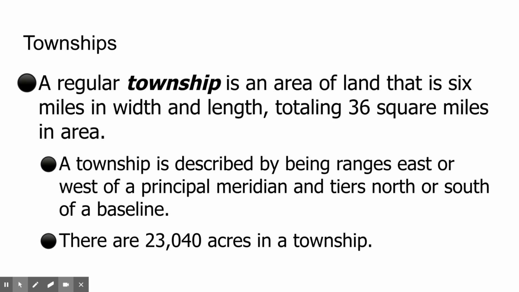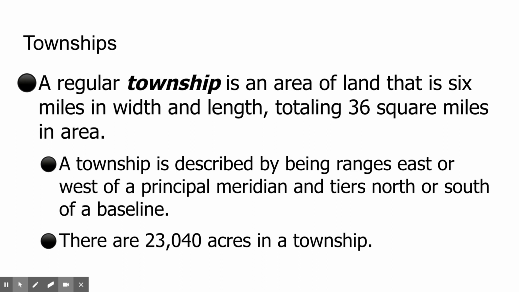So we go up 3 tiers north, or go down 5 tiers south, or we go east 6 ranges, or west 8 ranges. That's how you put it in only one spot. Because you can only go so many tiers north, so many ranges east, and you follow that, and it comes to one township and that township only.